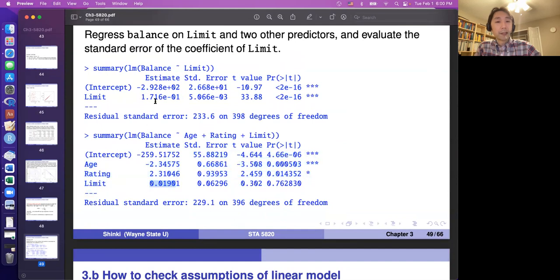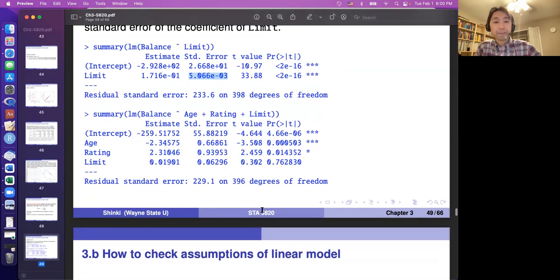The 0.17 becomes 0.019, almost 9 times smaller. And the standard error, which is the square root of variance, goes from 0.005 to 0.062. So that becomes 12 times larger.